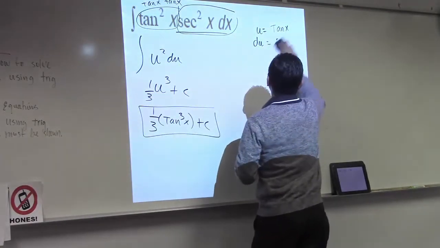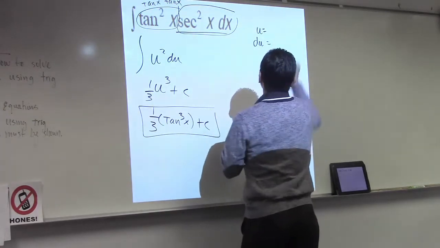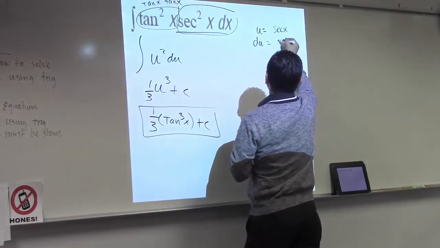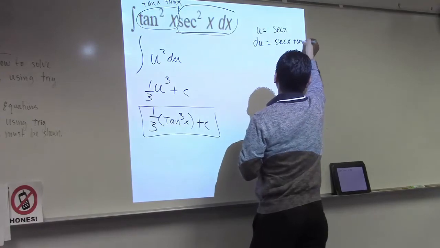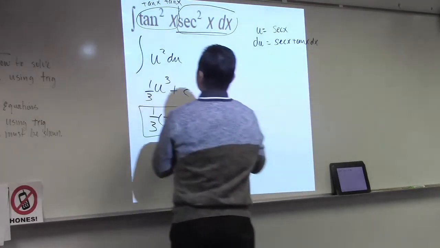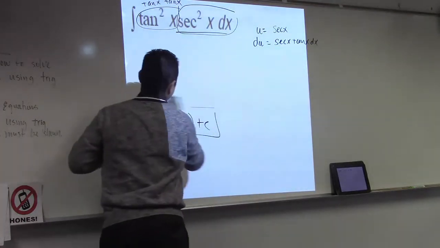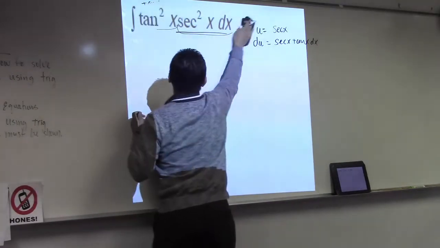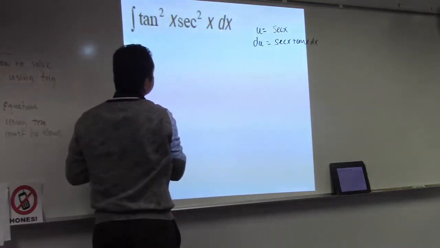Let's try that. If the u was secant x, so this is secant x tangent x dx. So you would need to replace one secant.